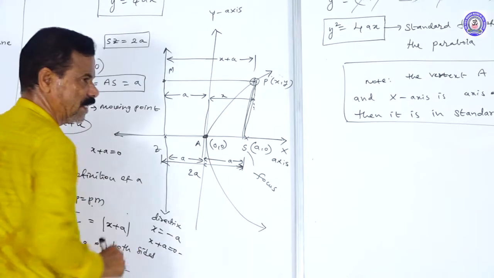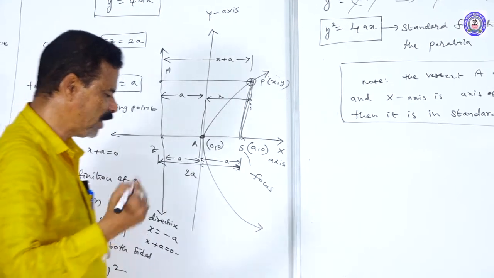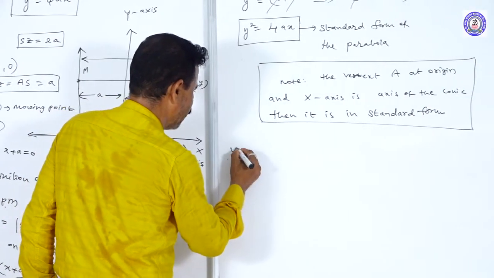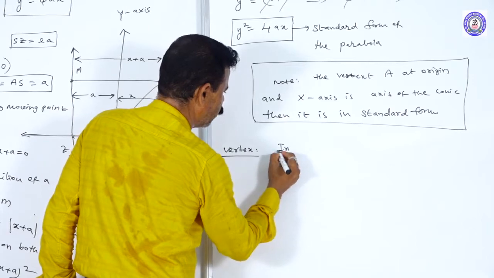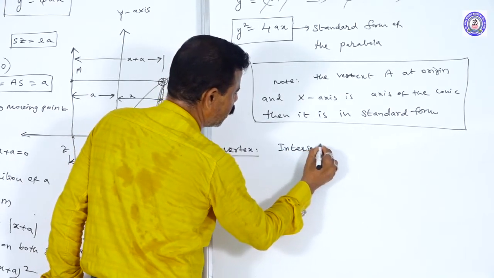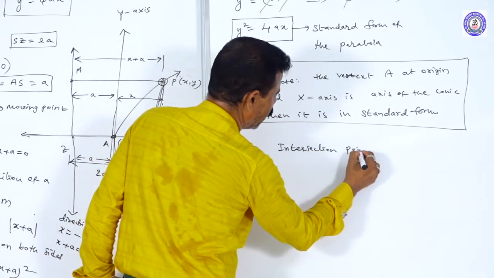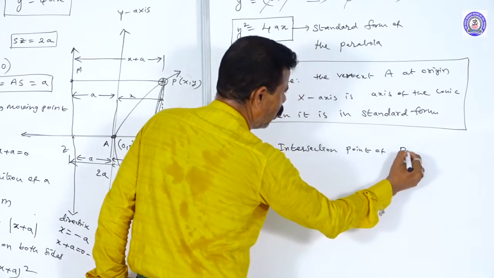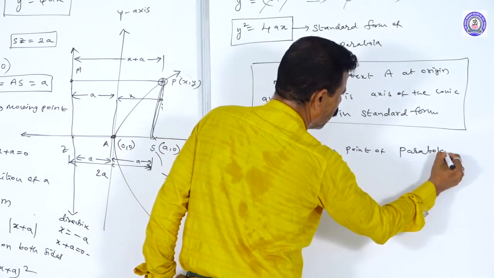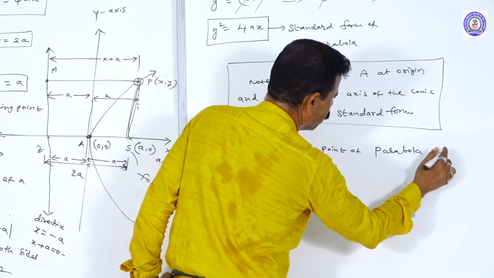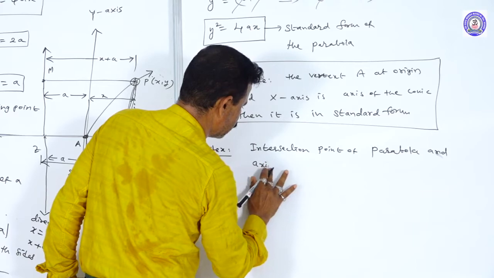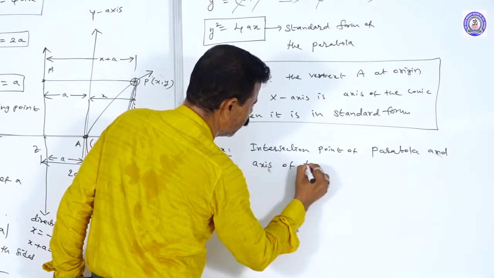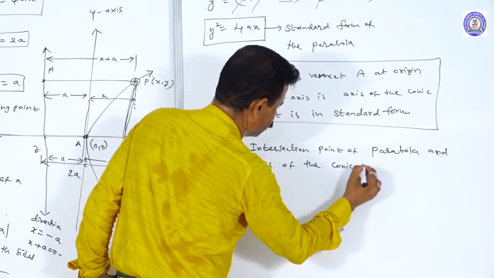This point is the vertex. So how do we define the vertex? Vertex means the intersection point of the parabola and the axis of the conic.